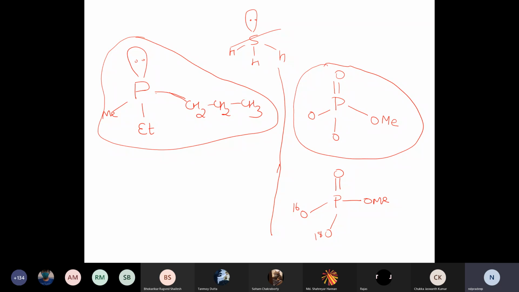Any atom can be made chiral or stereogenic if it is attached to 4 different groups, and they should not be hydrogen and its isotope. So it can be nitrogen, sulfur, phosphorus, germanium, whatever you put in.